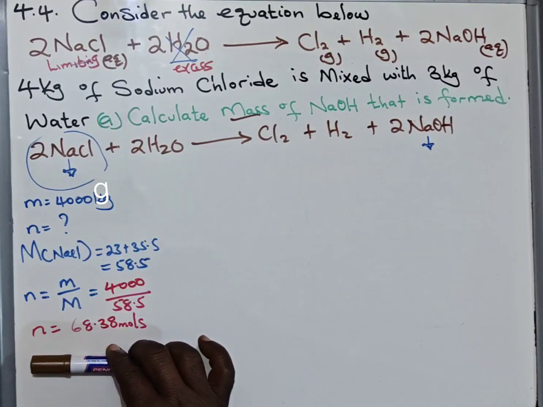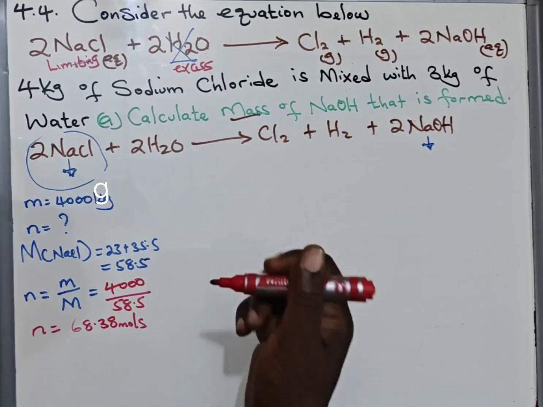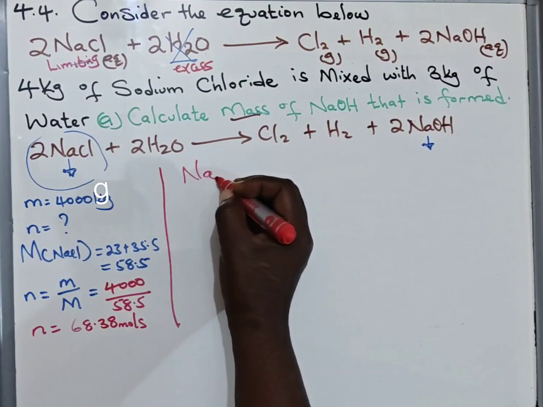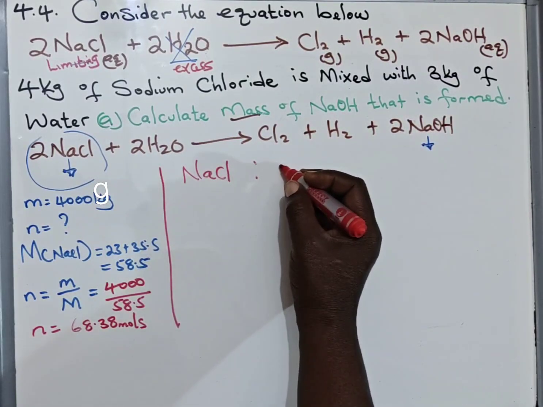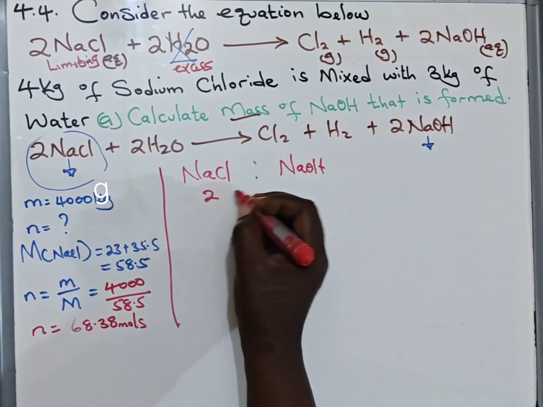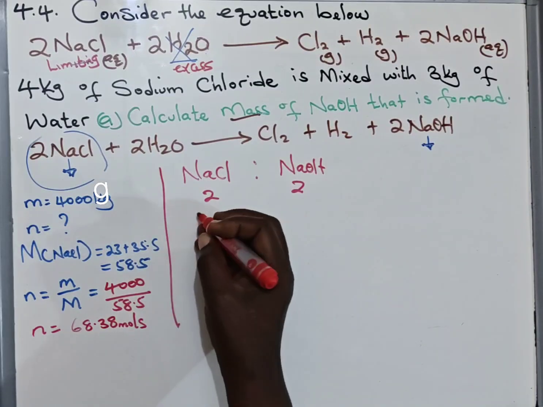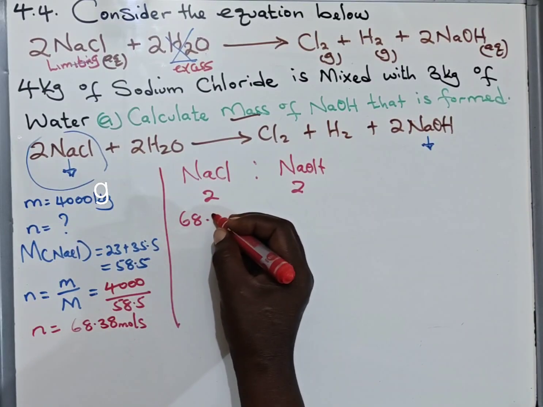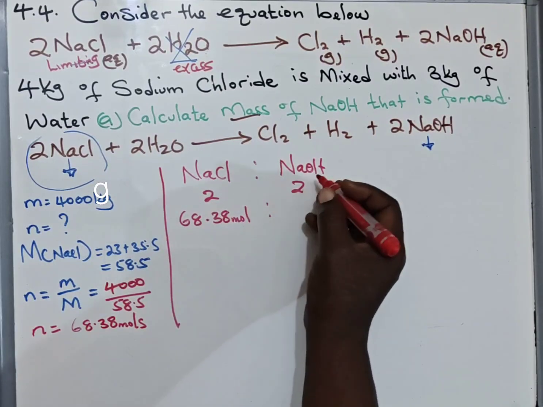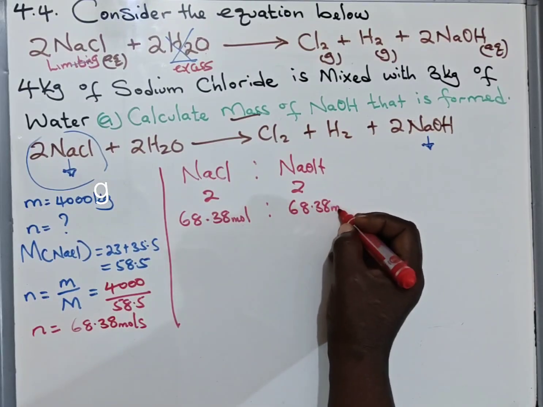So these are the number of moles of sodium chloride which reacted. But you have to remember that when you look at this comparison between the 2, the ratios are 2 to 2, which means 1 to 1. So if you have this one as 68.38 moles, it means that this side is also going to be 68.38 moles.